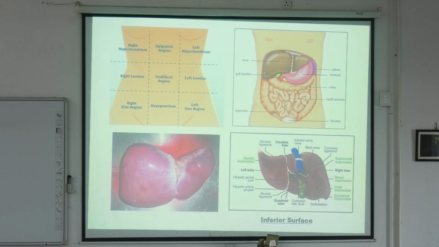One is superior, one is inferior, one is anterior, one is posterior, one is right lateral. And there are borders also, superior border, posterior superior border, posterior inferior border, right lateral border. There are 4 borders. And if you look at the undersurface, that is inferior surface, you will see the gallbladder, bile duct, all these things are there.